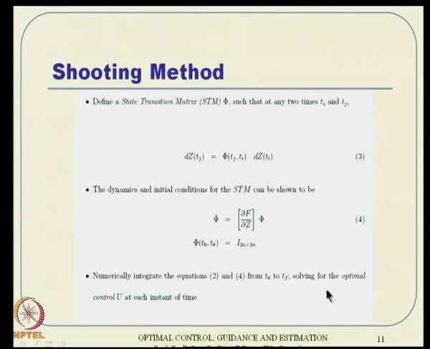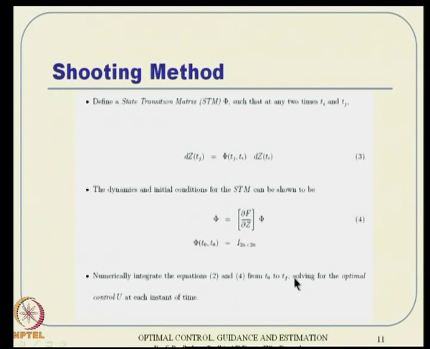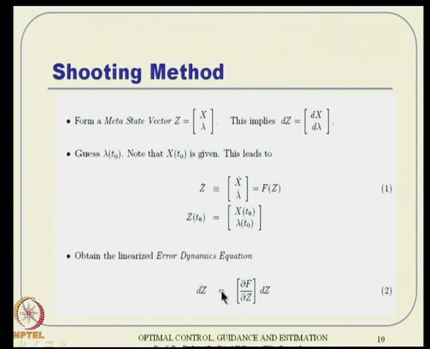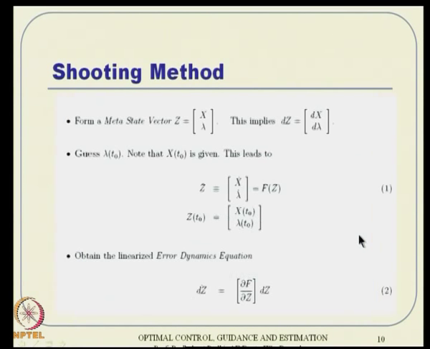So what it tells us is you can now integrate this equation with the corresponding state transition matrix equation from t naught to t f, and then you can start solving for the optimal control equation, because once you know this, your solution is almost ready. Once you know dz of t i, you can proceed further and integrate this equation also, because this equation and the corresponding initial conditions are available.